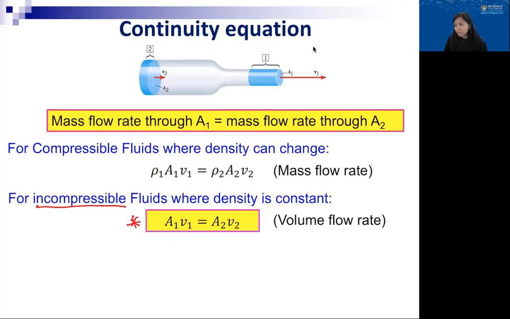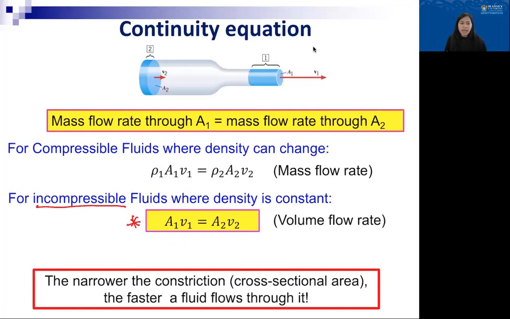The important implication of this equation is that the narrower the constriction, or the smaller the cross-sectional area, the faster the fluid flows through it. And yeah, if we look at this illustration here, A2 is a wider cross-sectional area, the velocity vector is smaller.